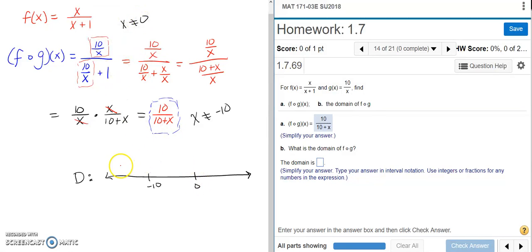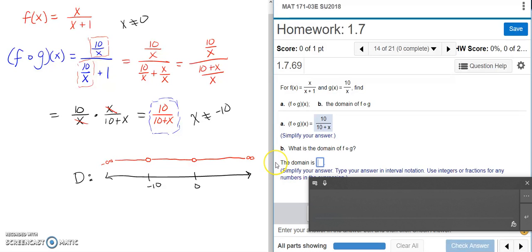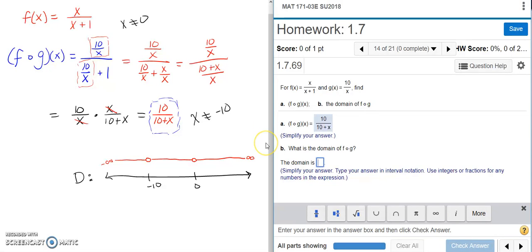So the way we're going to do this is, this section's good from negative infinity up to negative 10, we're okay. And from negative 10 to 0, we're okay. But we have to skip those points. And then we're okay from 0 to infinity. So the way we type this is in 3 sections, kind of like this number line is set up.